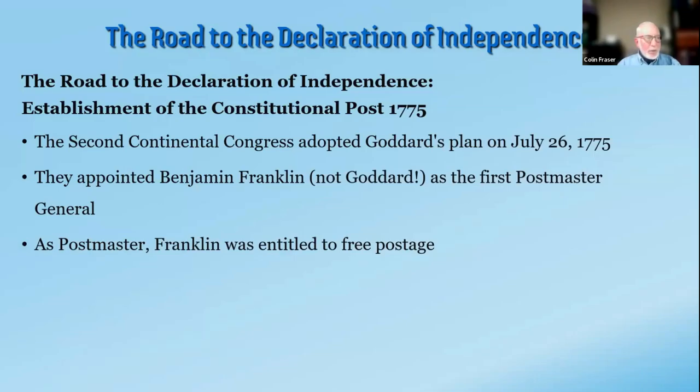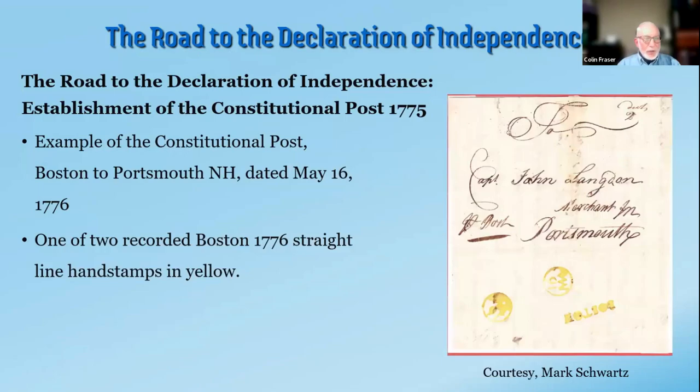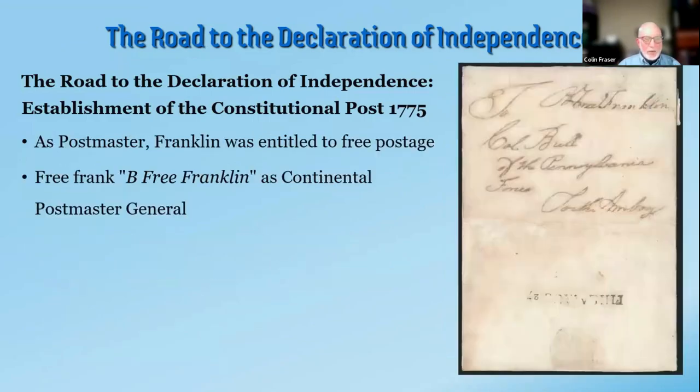And Franklin, of course, because he was postmaster, was entitled to free postage. Here we see an example of one of 2 examples with this Boston 1776 straight line. In the upper right, you can see that it is a free frank for our postmaster.